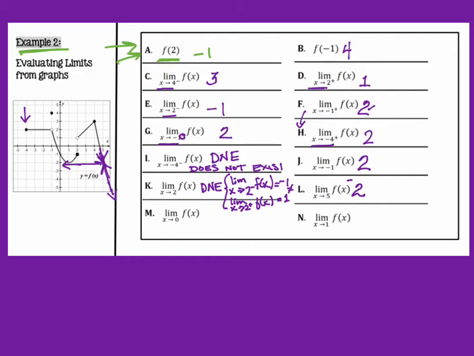All right, 2 more. The limit as x approaches 0 of f of x. We're looking at the graph as it approaches 0, and it's down here at -1. It wants left and right because it just asks in general. Don't they both equal -1? So that equals -1, an easy one.